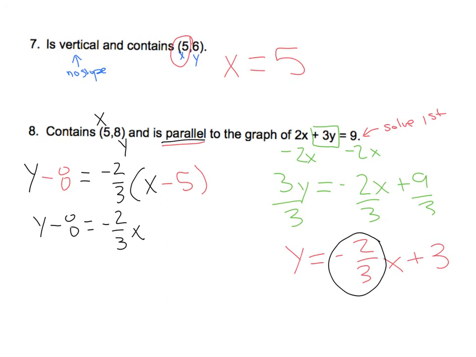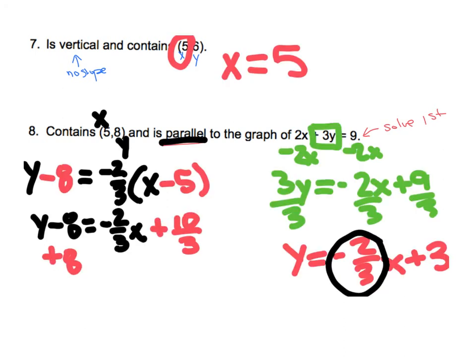gives us a fraction of positive 10 over 3. And we're going to be adding 8. But remember, if you're adding fractions, you have to change that 8 to have a denominator of 3. So 8 times 3 is 24.